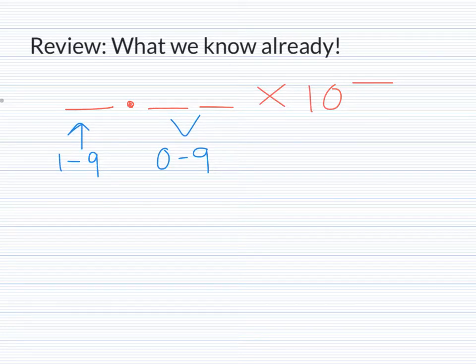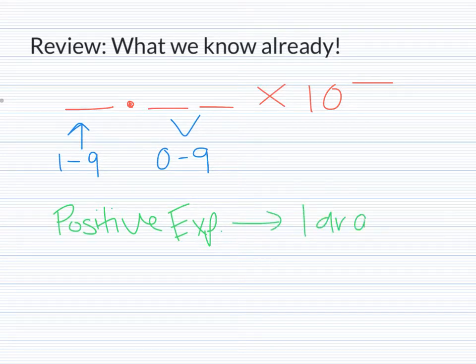At this point, we should also know that our exponent, above our base 10, can be any negative number, 0, or any positive number, okay? So if we have a positive exponent, and I'm going to keep that short just for time, we should know that our number is getting larger, okay?